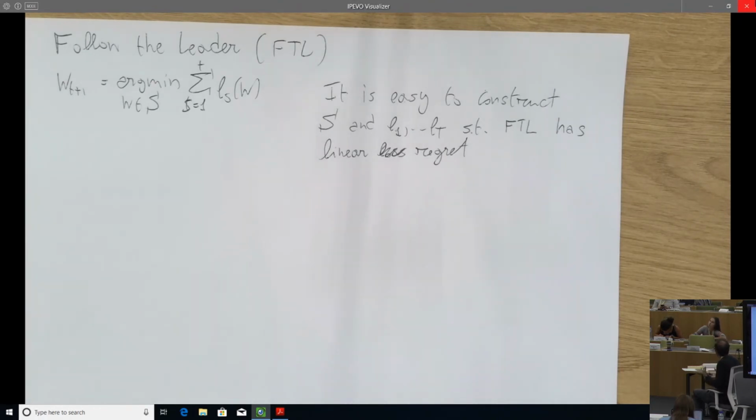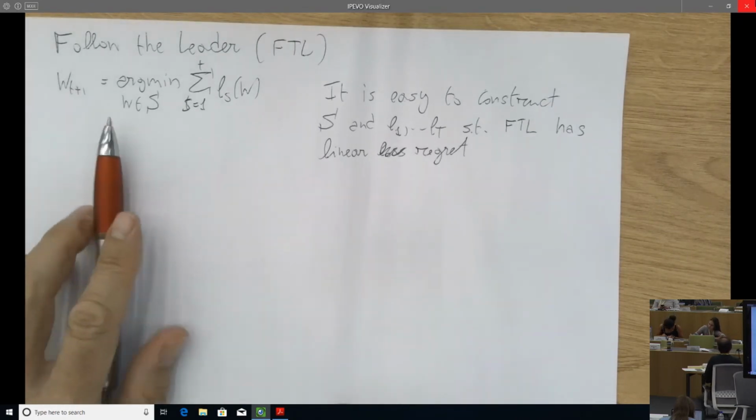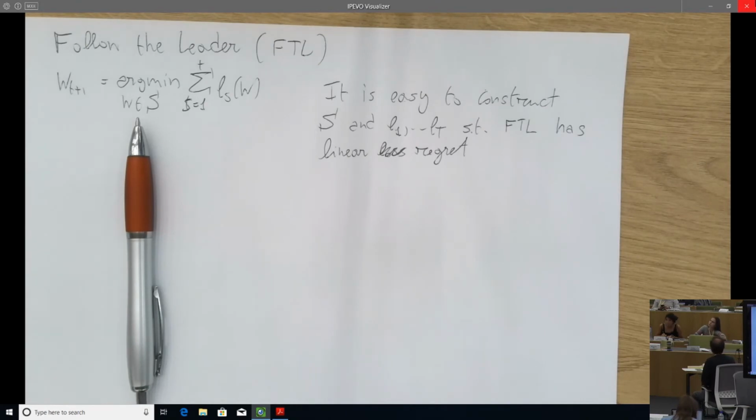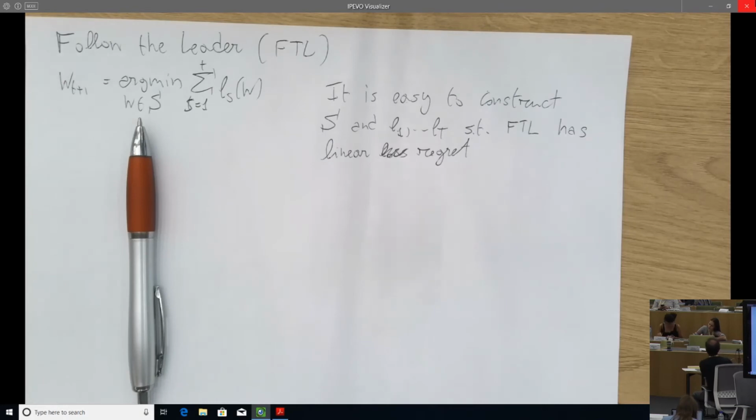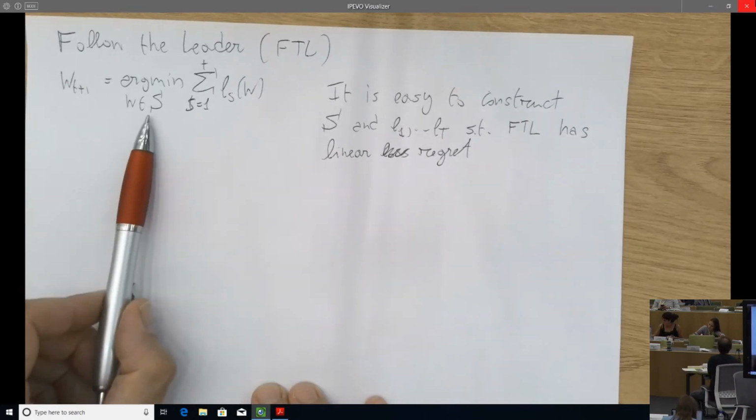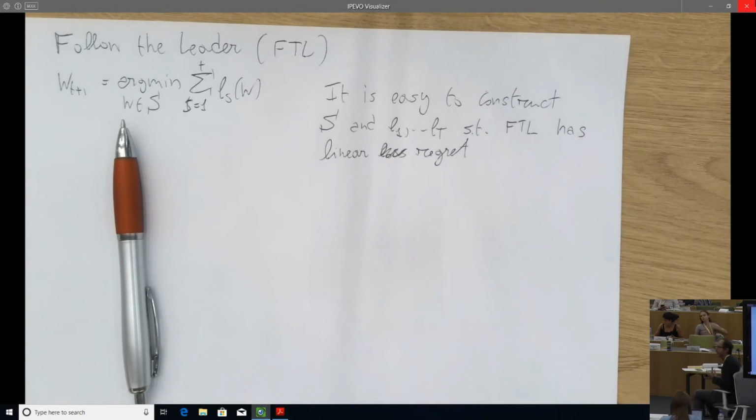You need something a bit more complicated. The problem is that if you always go with the best, essentially the adversary can construct a sequence of losses that makes you swing from one extreme to the other extreme. So follow the leader is not a stable algorithm, and you know that stability is key in learning.